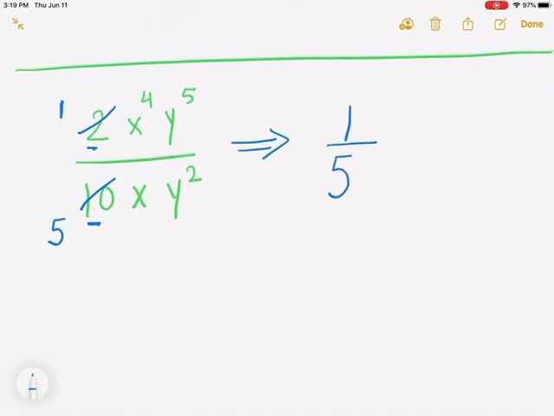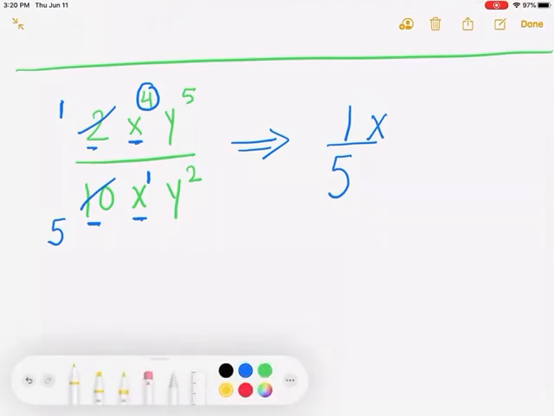Let's deal with x's. I see same base x's dividing. This one has exponent 4. This one, if there is no number, it's not 0. It's an invisible 1. So what do we do if we see same bases dividing? We subtract exponents. So x would stay the same, and this would be 4 minus 1.